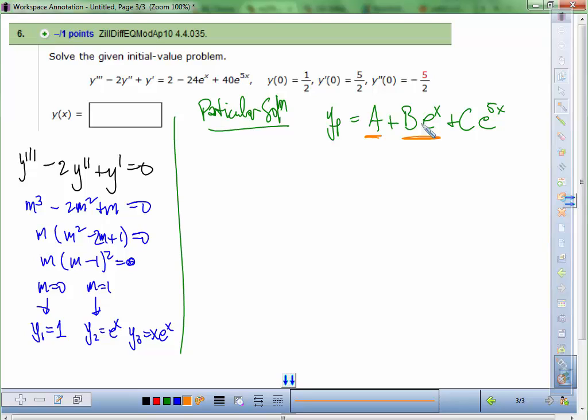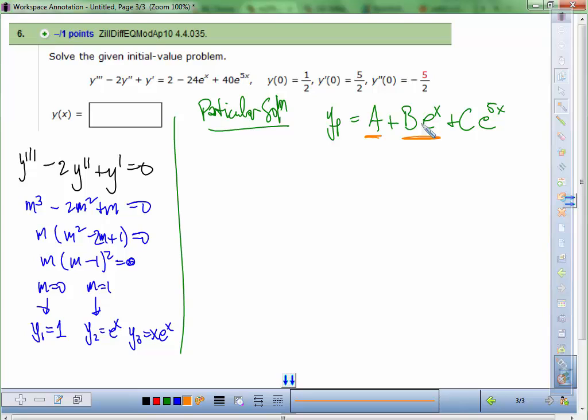I underlined a couple of terms here that raise some flags for me. Why did I underline those two terms, and what's the relationship, and what do you think we should do about it? Add an x. They're similar to y1 and y2. So the idea here is, I can't really remember what to do.